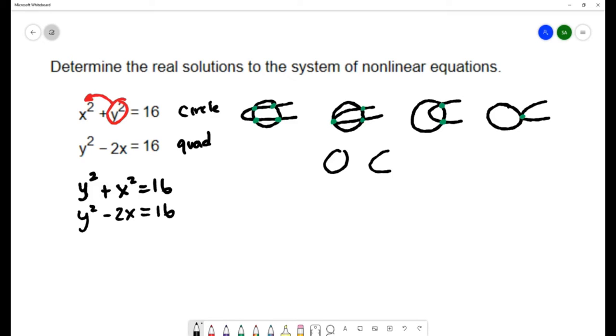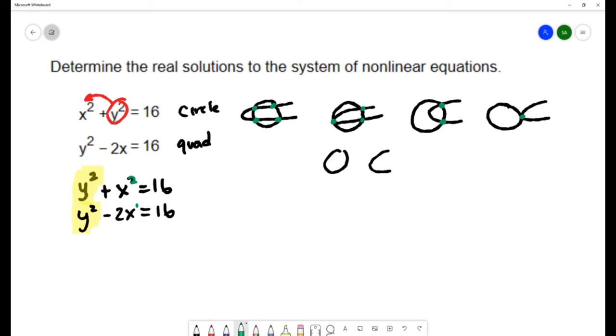And for the elimination method, we are going to eliminate the y variable because the y's have like terms. We're not going to be able to eliminate the x's because one has a squared, the other one is raised to the first power. Those are not like terms. They can't be combined. They can't be eliminated.